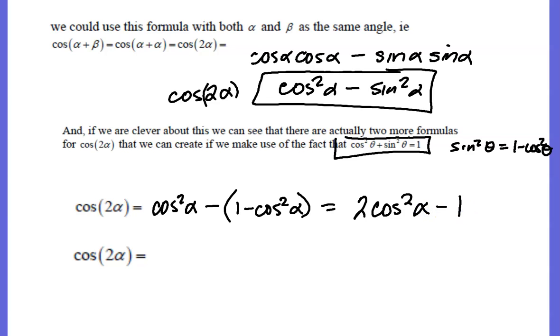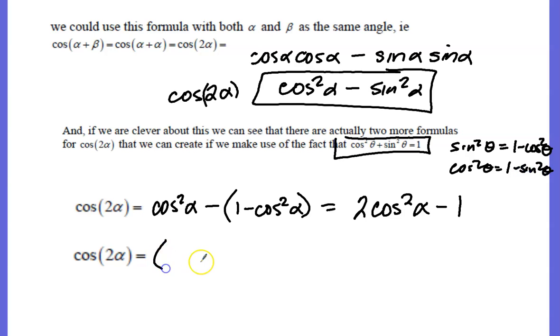So there's another version. Why might this be helpful? Well, maybe you want to use something with cos 2 alpha that's only in terms of cosine. See how this one would have coses and sines, whereas this just has cos. So that might be helpful. We can do the same thing replacing the cos squared. According to this identity, cos squared is 1 minus sine squared.